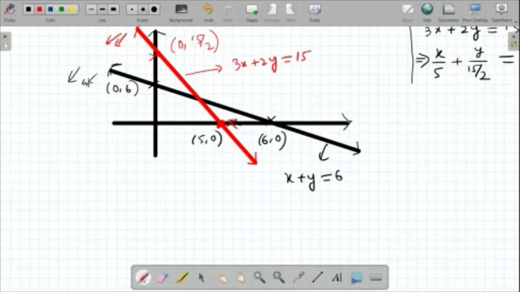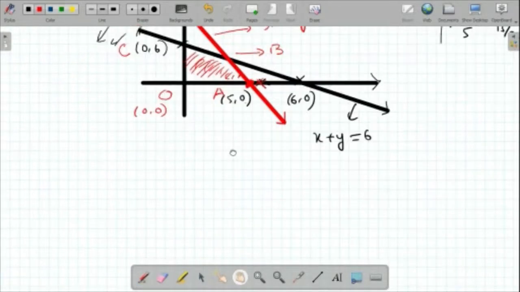Common region is, that means this is our common region. So let's give them names. This I will give 0, this I will give a, this is 5 comma 0, this we don't know, which we have to find, b, and this 0 comma 6, let's call this c.